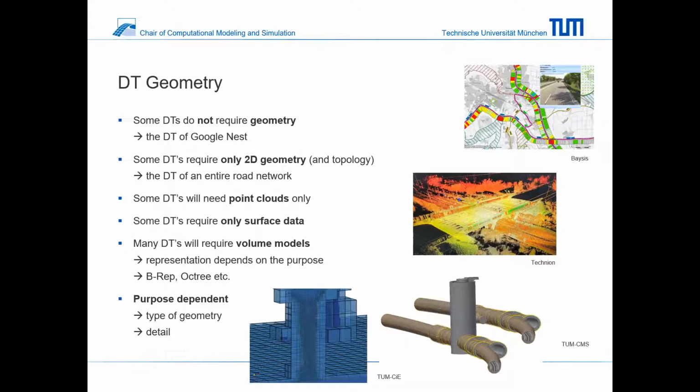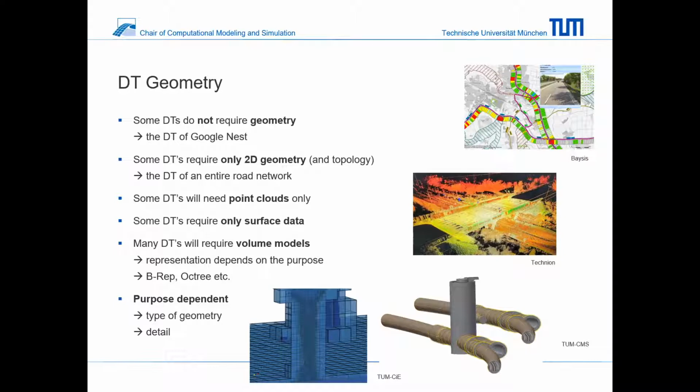Other digital twins will require only 2D geometry. For example, if we have the digital twin of an entire road network, of an entire state, then of course you will not have a very precise 3D description of the entire roads, but maybe here 2D representations are completely sufficient. And we have these kind of systems already for monitoring the condition of the roads.